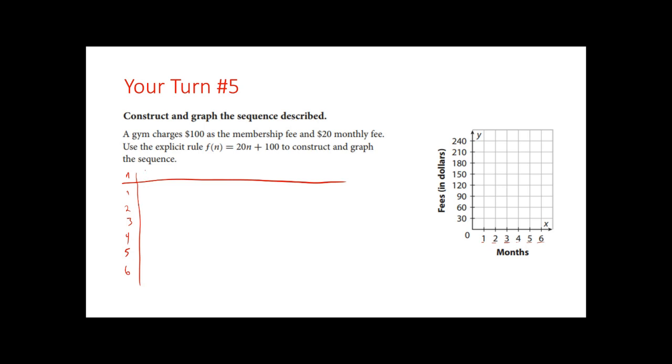You want to make sure you include the list of n terms along with your explicit rule. And then whatever you get out there will be your f of n's, your outputs. Okay, so go ahead and try that. And then also find your common difference, all right?